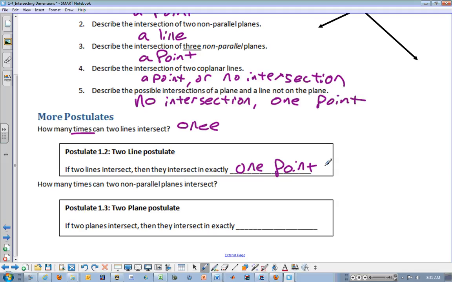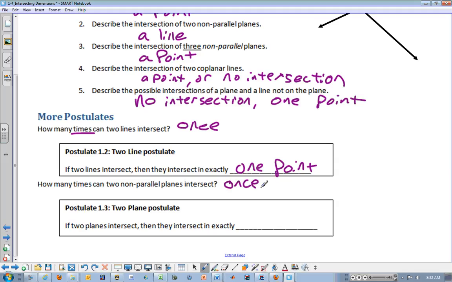How many times can two non-parallel planes intersect? For example, are they ever going to cross again? That's what we're looking for there. Will these ever cross again? If they're not parallel and they cross, will they ever cross again? No, they'll cross once, right? Just once.